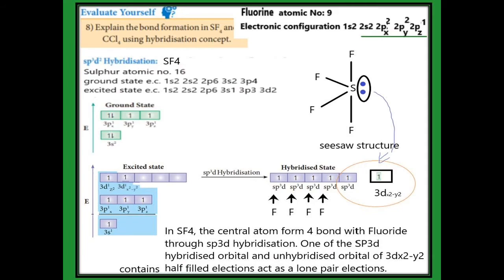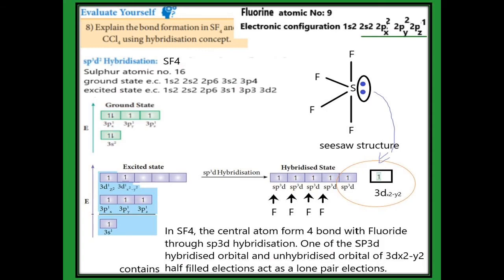Now what hybridization takes place here? sp3d: the s orbital, 3 p orbitals and only 1 d orbital are hybridized, and it produces 5 sp3d orbitals. Of these, 4 sp3d orbitals each share one electron with a fluorine atom. The fluorine atomic number is 9, electronic configuration 1s2, 2s2, 2px2, 2py2 and 2pz1.